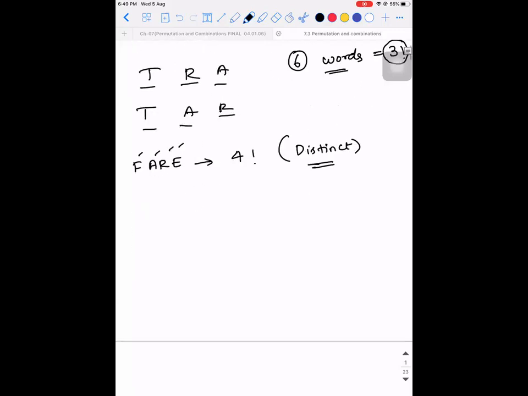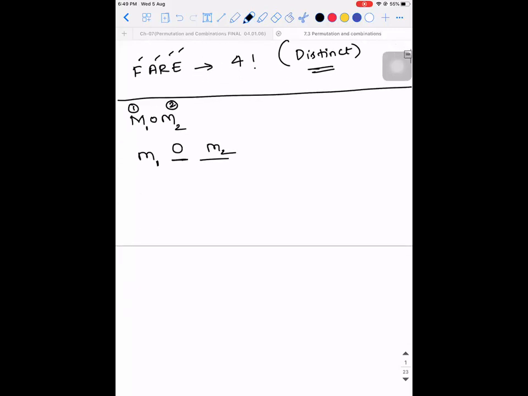But if I give you a word like mom, and I'm asking you to rearrange the letters among themselves, then you will keep M here. Let's say this is 1 and this is 2. I'm keeping M1 here, this is M2, O, M2. Am I right? M1, M2, O. Have this in your mind.